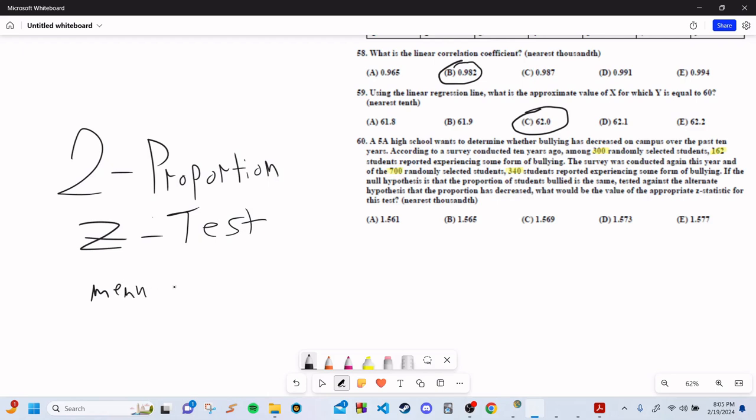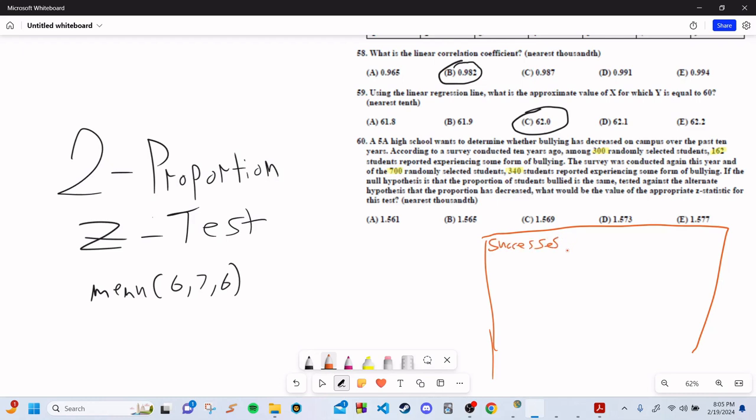So to do this on your calculator, you're going to go to menu 676. And this dialog box will open. So it's going to ask for successes x1. Then it's going to ask for n1.